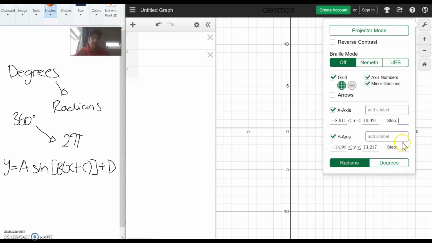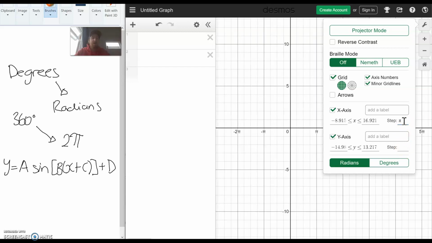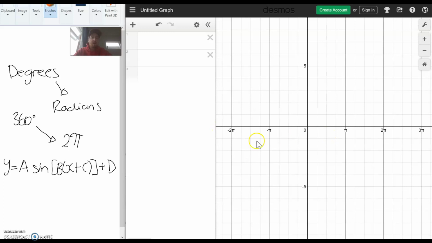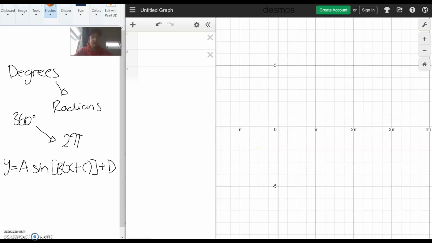Now that we're working in pi, I'm going to change my x-axis steps into terms of pi, and you can see the x-axis is now all measured in pi. That will be really useful. If it wasn't, it would be measured just 1, 2, 3, 4, 5, 6, and you'd need to roughly estimate or use the numbers instead of versions of pi.